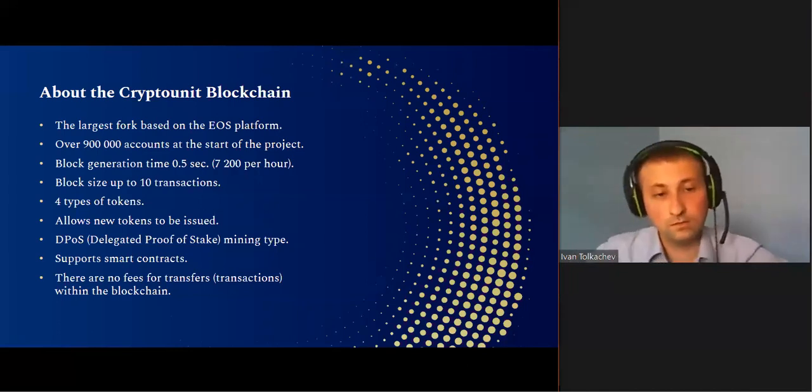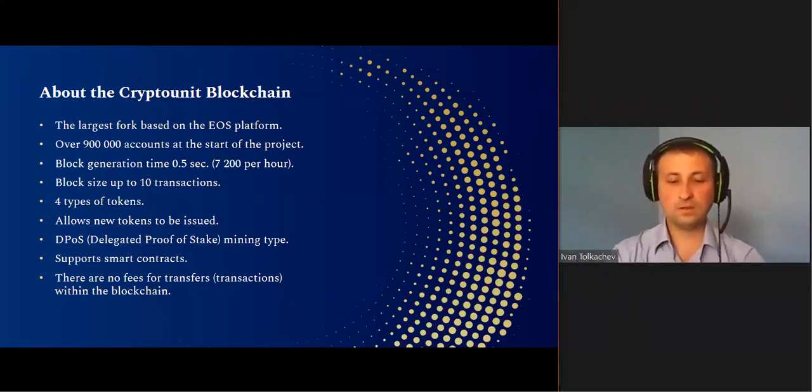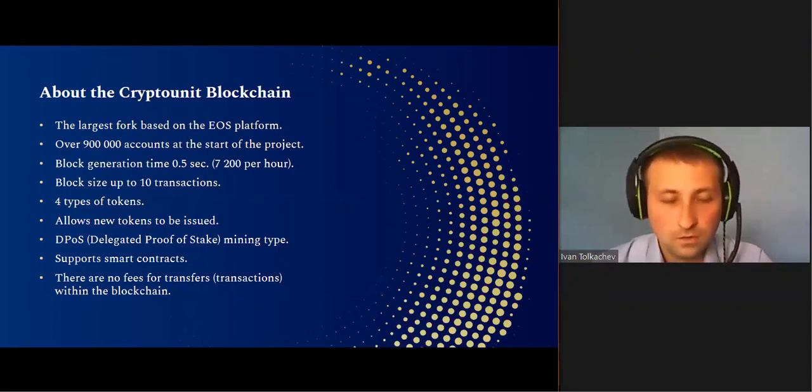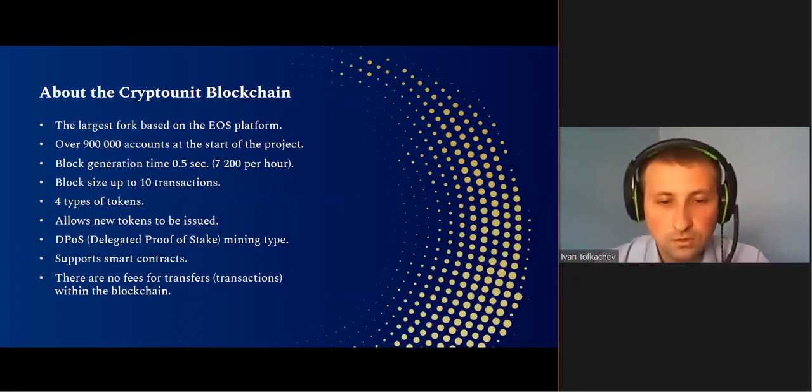Another interesting feature of Cryptounit blockchain is the following. First of all, there are 4 types of tokens available. You've heard of them before in session 2, where we explored the tokenomics, and it's not the limit. So for the time being, there are 4 tokens, whereas in future there will be more.